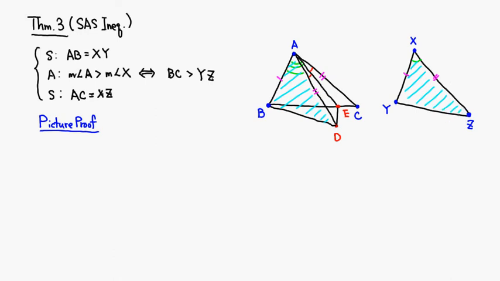So triangle ABD is congruent to triangle XYZ, which means this length is the same as that length, corresponding. This is by side angle side.